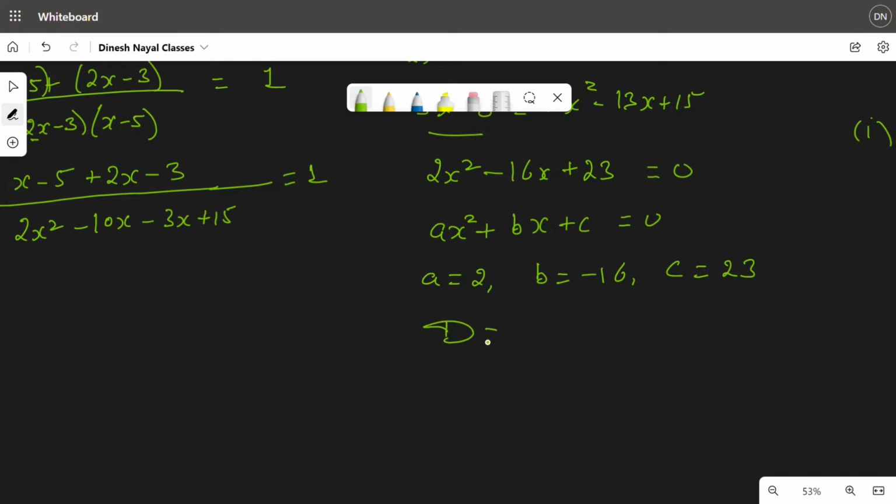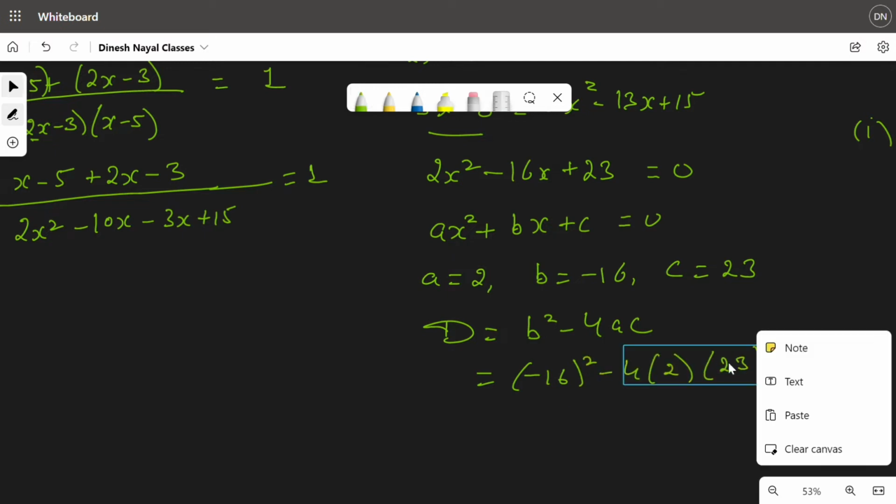Now find the discriminant first, which is b square minus 4ac. So this is minus 16 whole square minus 4 into 2, c is 23.